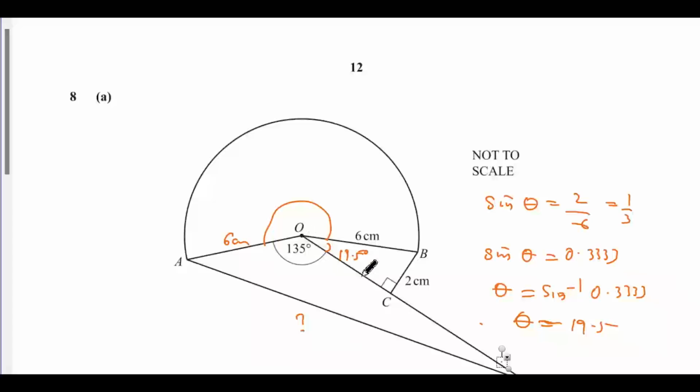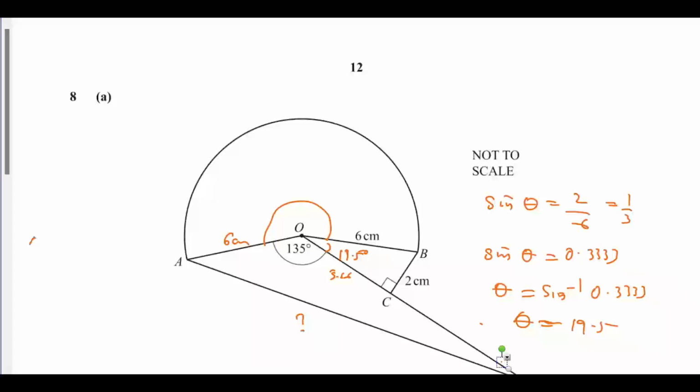So the height is OC, and I think we got that to be 5.66 to 3 significant figures. So we can easily get the area from here. And from here we can also get the area of triangle AOD by using this formula, because we have two sides and one angle.